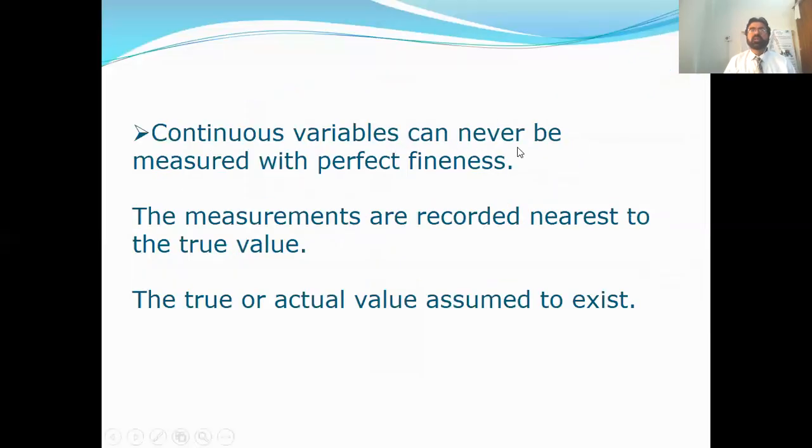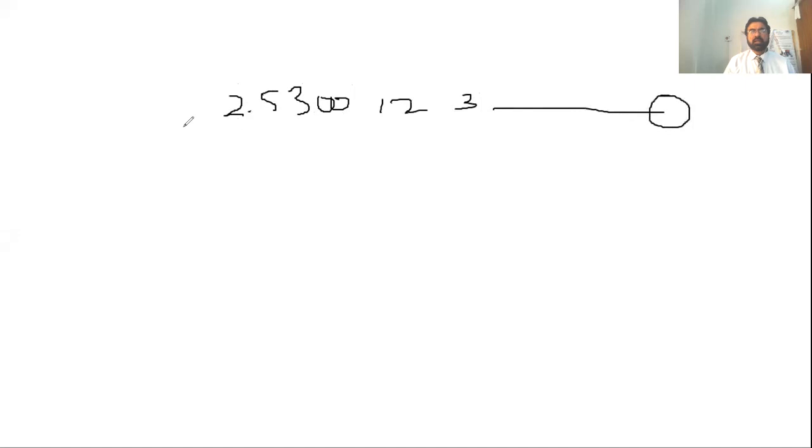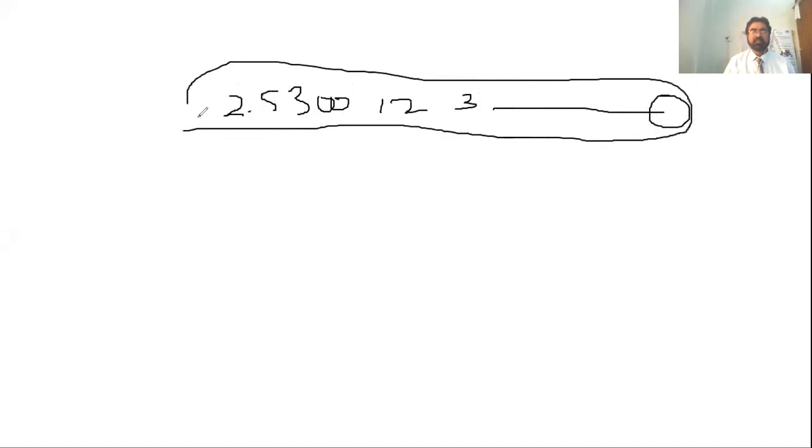So a continuous variable can never be measured with perfect fineness. Perfect fineness means that if you measure a digit, it gives you infinite digits, 0.0001, 2, 3, and so on. So that is infinite measurement.